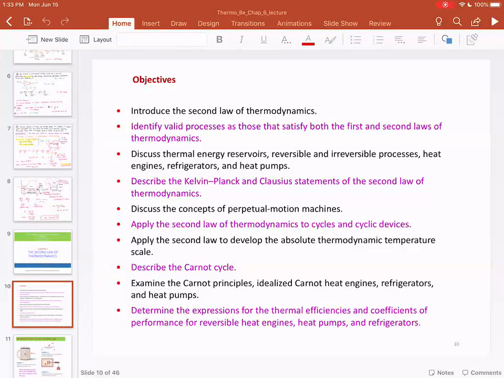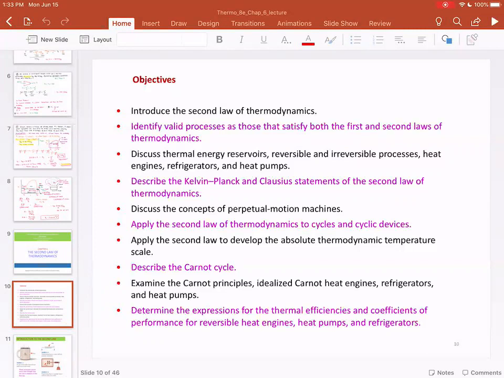There are two statements of second law of thermodynamics. One is Kelvin Planck, and the second statement is the Clausius statement. Those two statements are essentially equivalent. They are the same, but the interpretation is slightly different. In the case of Kelvin Planck statement, this statement deals with heat engine.